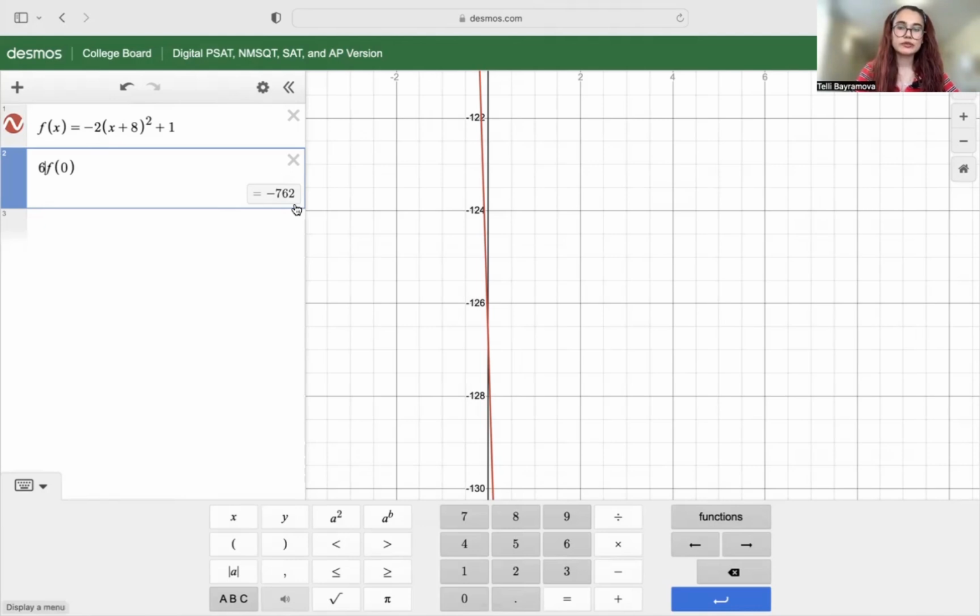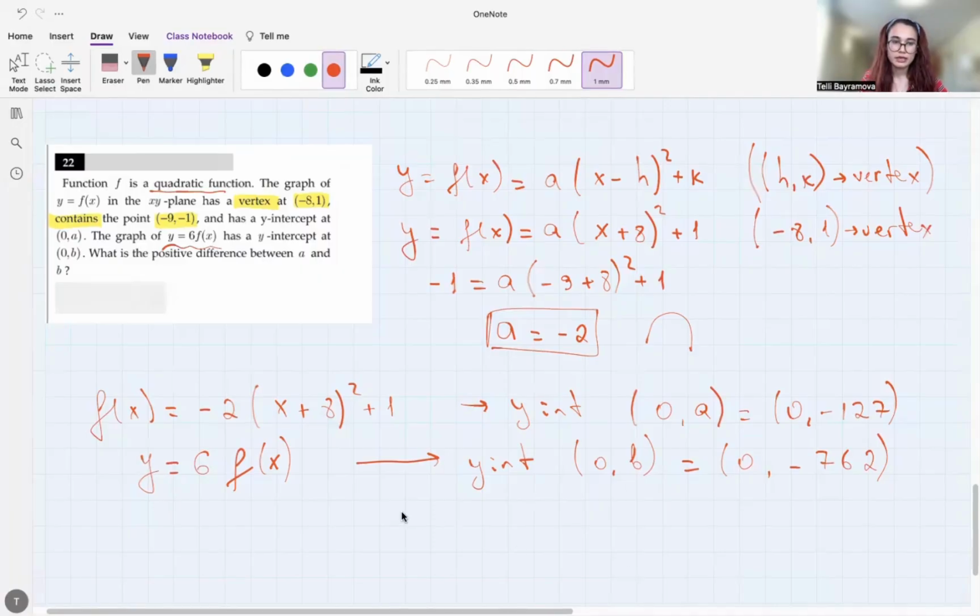A and b, so we can write again in decimals, minus f of 0, and the question says positive difference. That's why we need to write it as a positive value. Okay, 635 is the answer. The difference between them is 635.